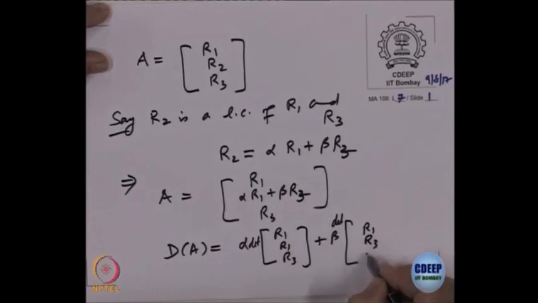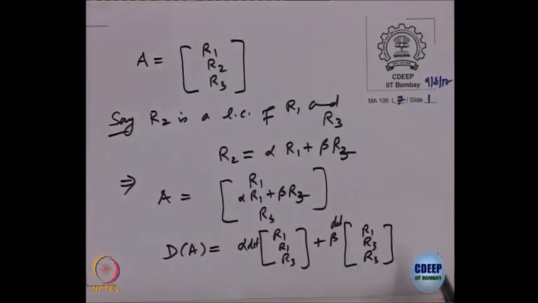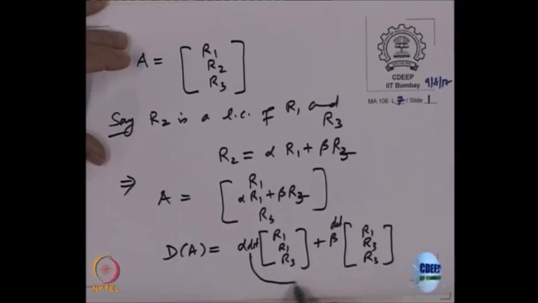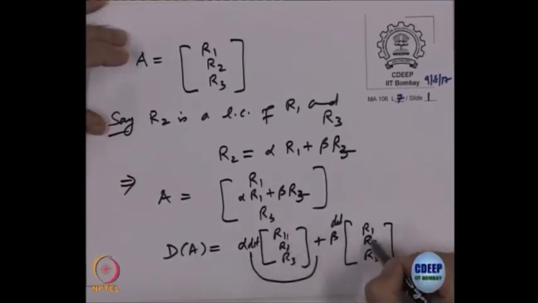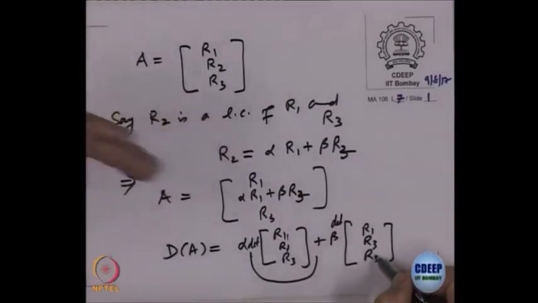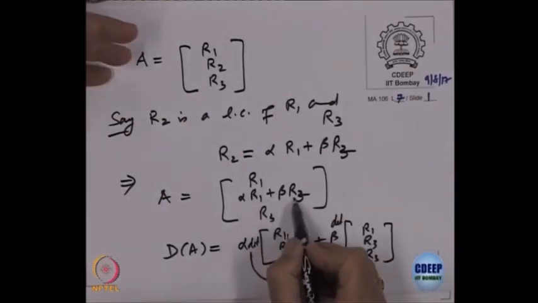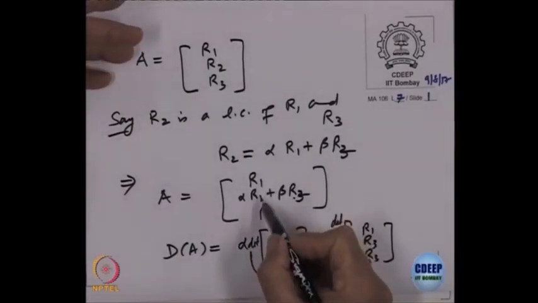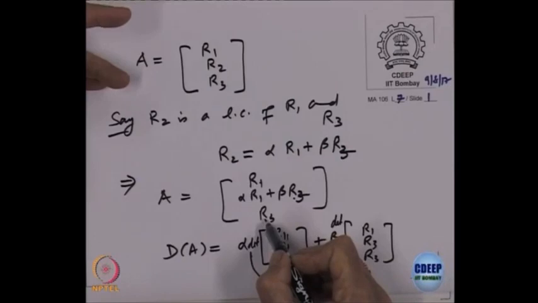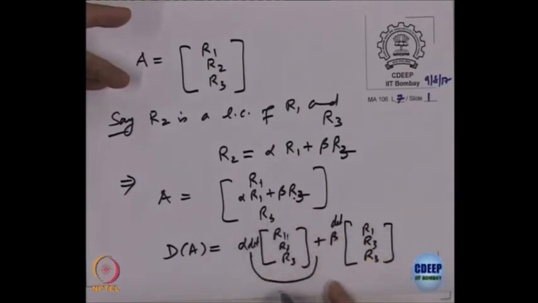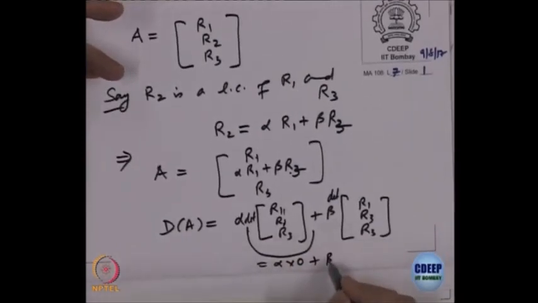So, what is this determinant? That is 0 because of R1, R1. This determinant is 0 because of R3 and R3. I have used the linearity property, the scalar comes out and this is a linear combination. So, this is equal to alpha multiplied by 0 plus beta multiplied by 0.